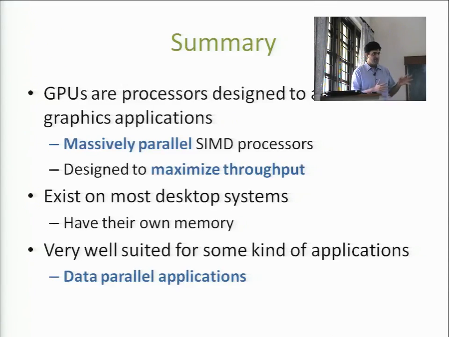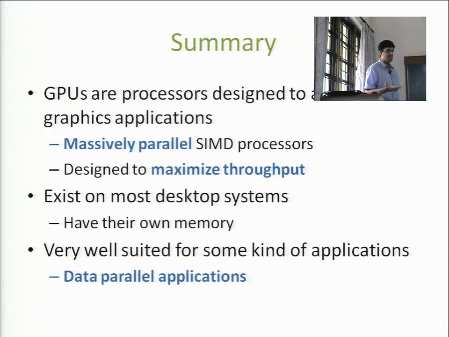GPUs have evolved from very fixed functionality, very difficult to program processors to something much easier to program and much more general purpose now. And they will continue to evolve. They exist everywhere. It's much easier to get hold of a GPU than it is to get hold of an FPGA, for example. So they draw a lot of interest.